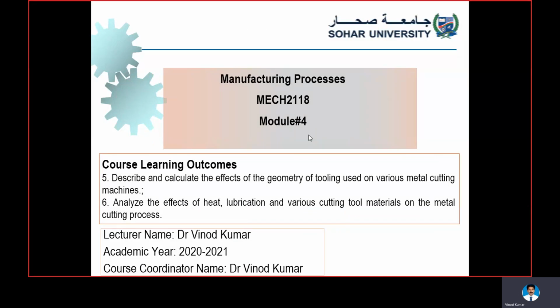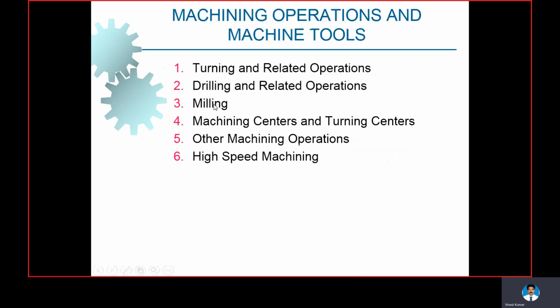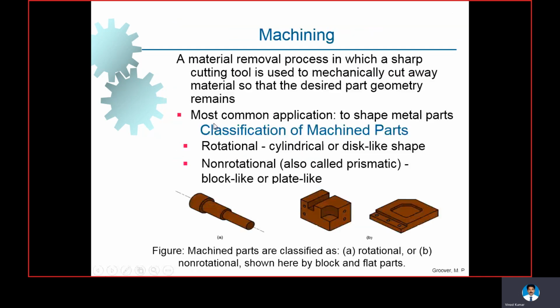In machining operations, we are going to discuss the different machining operations such as turning, drilling, milling, machining centers, and other machining operations. What is machining? Machining is a material removal process using a sharp-edged cutting tool, and we remove a certain amount of material from the workpiece to change the shape and size of the workpiece.